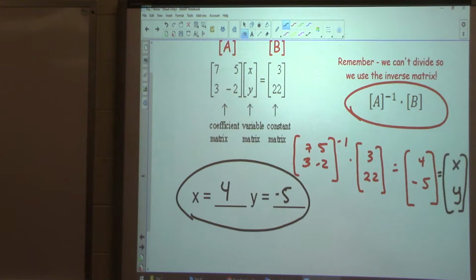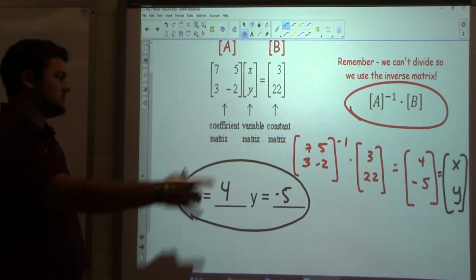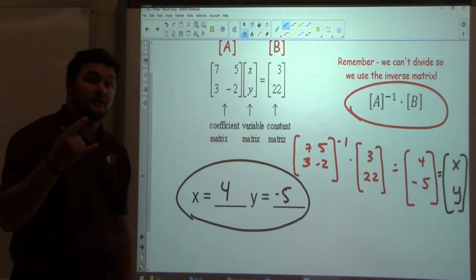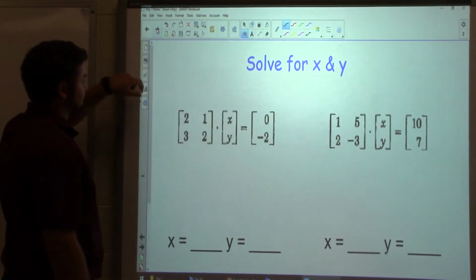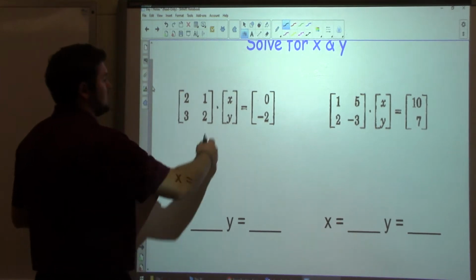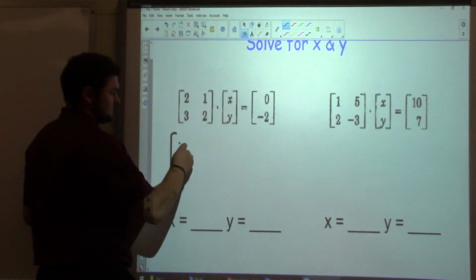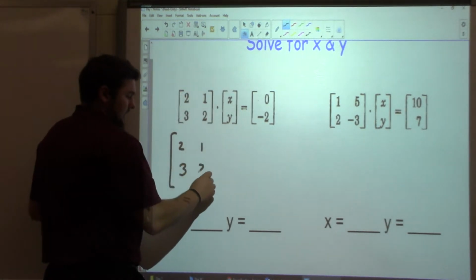Okay? So you're taking the inverse of your first matrix, your coefficient matrix, times your second matrix, your constant matrix. Alright? I'll help you set the next two up. We only have 2 problems to do, then we're done. And then you get your homework. Deal? Alright. So first one, I'm going to take my coefficient matrix, [2, 1; 3, 2].